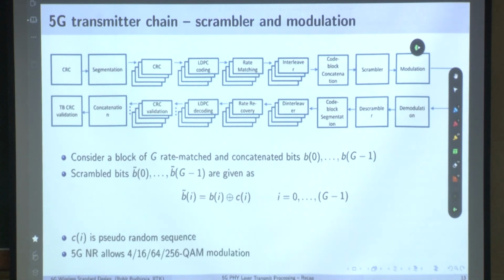In your mobile phone, these are devices, digital signal processors or FPGAs, which do all this digital processing. But finally what you transmit is an analog signal, the waveform which is actually transmitted on air. The standard doesn't specify how you convert it into that analog waveform.